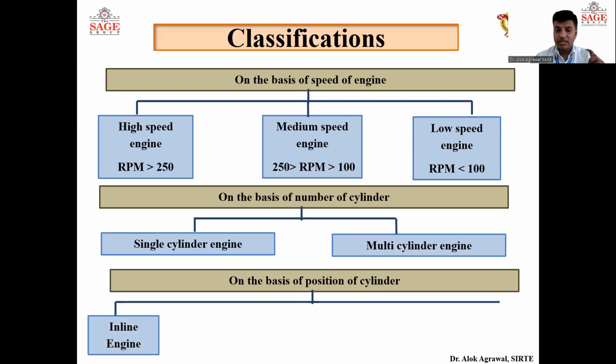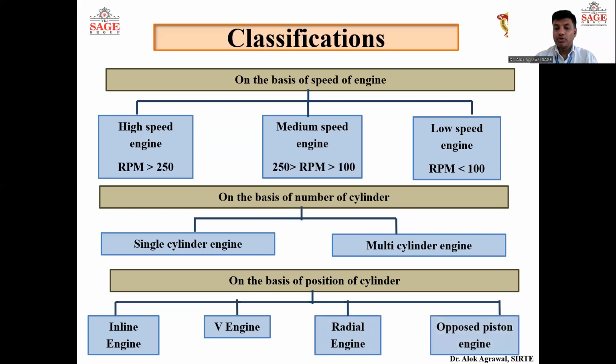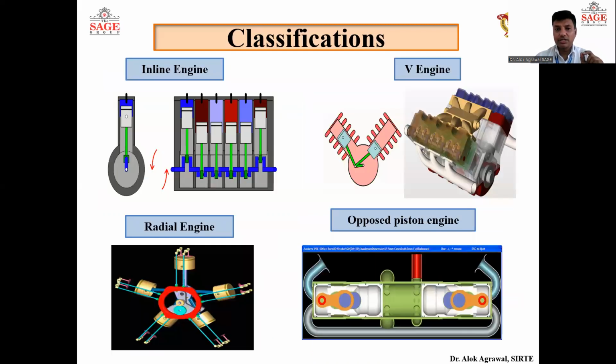In the next slide, we will see the figure of all types of engine. Another one is the V engine, where the piston cylinder arrangement makes a V shape. Next is the radial engine, and last one is the opposed piston engine. We will see the animation of all these engines in the next slide.